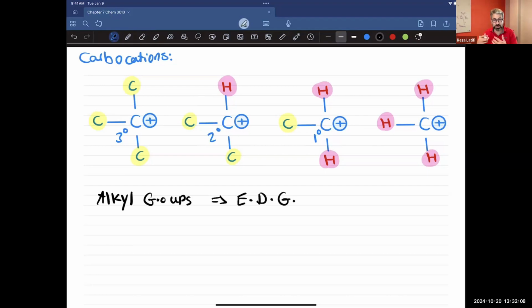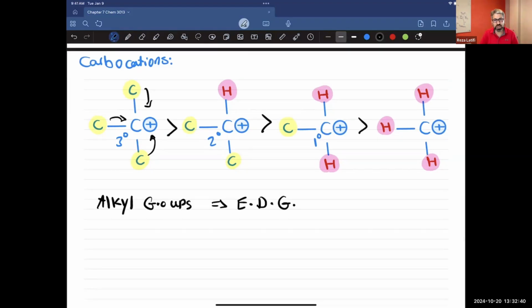Okay, so they donate electrons. The more of them we have, the more electron density is given to the carbocation. So I'm going to say I have more carbons neighboring the carbon with the positive charge, so they will donate more, and now that carbon will be more stable. Okay, more stable. So the order for them is going to be this.